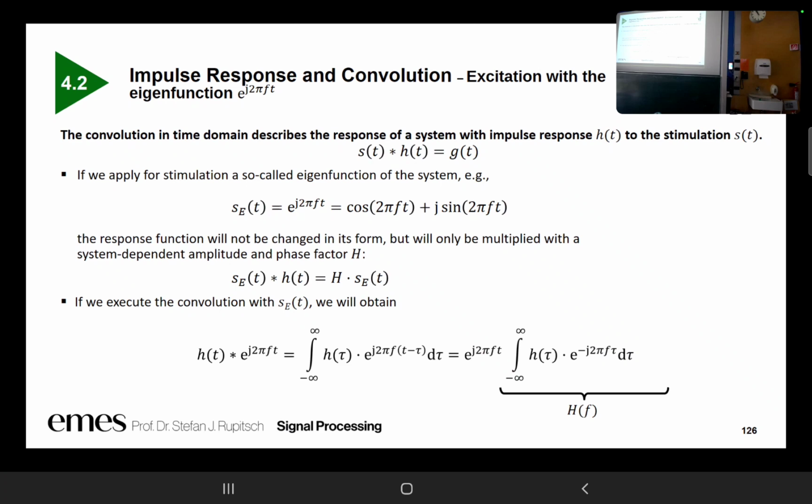The eigenvalue is, for a certain frequency, our frequency response. That's the eigenvalue, and the eigenfunction is this exponential function. You remember we discussed it in a slightly different manner in chapter 2, but it's completely the same here.